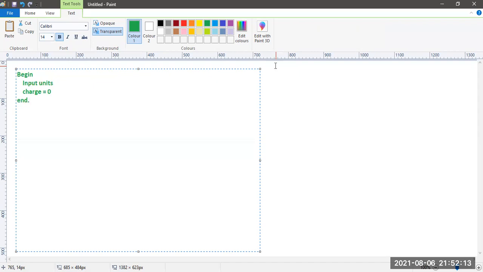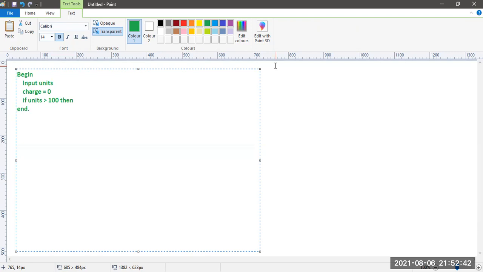Now that I have the units, I'm going to say if units is greater than 100, then what should you do?